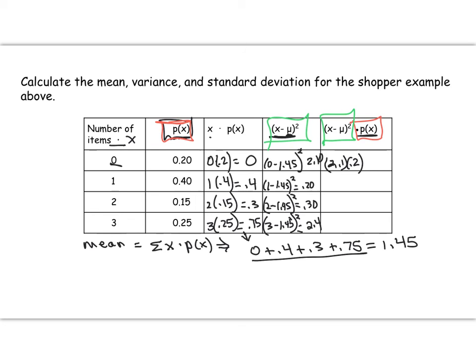And over here, I get 0.40, in this column I get 0.08, and this column I get 0.05, and then the last column it gives me 0.6.